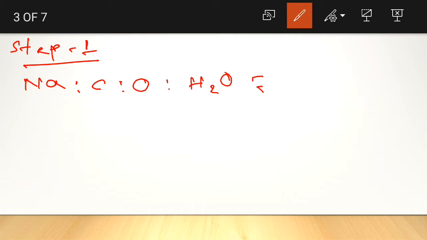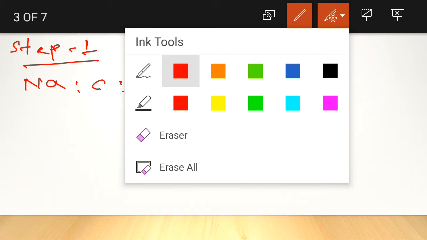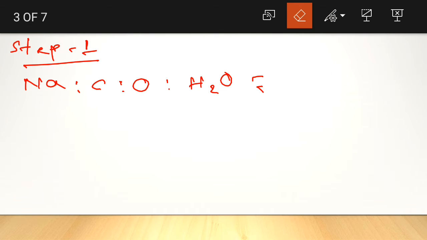Sodium has the percentage of 16.08 and atomic mass 23.